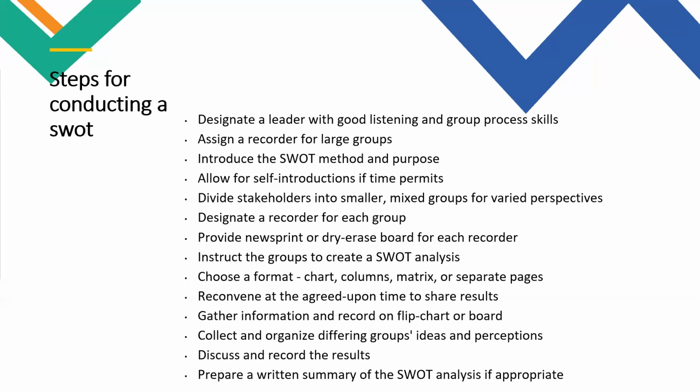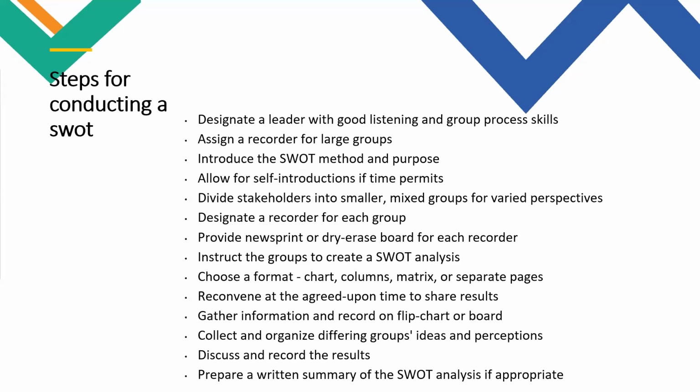You can run through a quick example based on a shared experience or a well-known public issue. Depending on the nature of your group and the time available, let all the participants introduce themselves and their role. Then you can divide your stakeholders into smaller groups. If your retreat or meeting draws several groups of stakeholders together, make sure you mix them up to get a wide range of perspectives and give them a chance to introduce themselves.